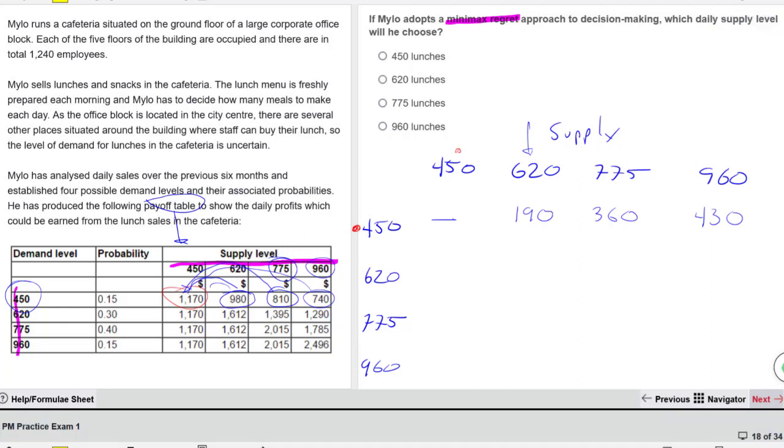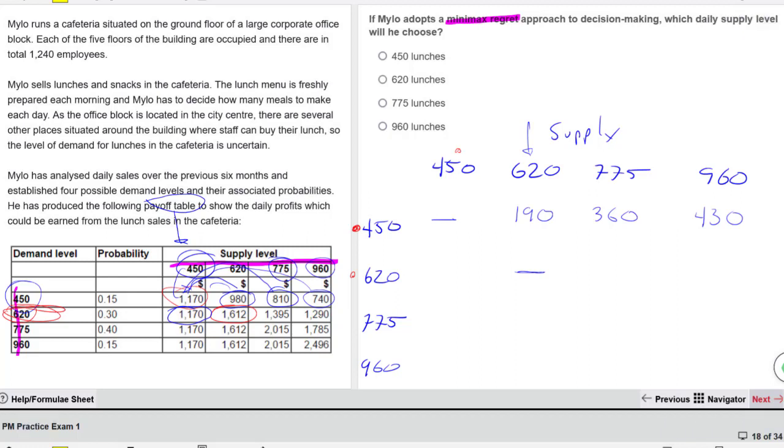I'll do a little bit more with you, and then you do the rest. If demand turns out to be 620, and I decide to produce 620, wow, I have the highest of the profits under that demand state, and I have no opportunity cost. I made the best decision. However, if demand is 620 and I produce 450, I'll only earn 1170.